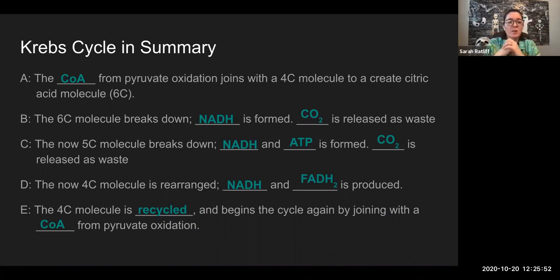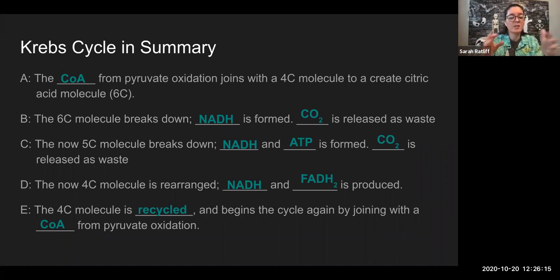So the CoA from pyruvate, I know I'm going to say it again, but repetition is the key here. The CoA from pyruvate oxidation joins in with the 4C left over from the previous Krebs cycle to create a 6C molecule. That 6C molecule breaks down. We lose one of those carbons to carbon dioxide when we're making our NADH. We're going to do that again.